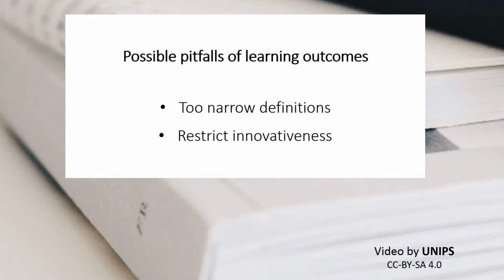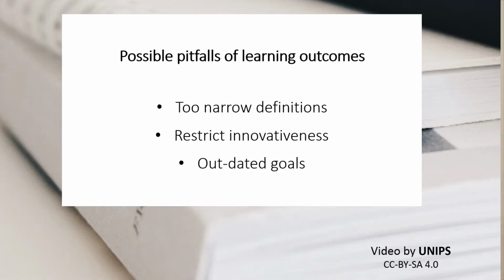Defining goals in advance can inhibit the creation of new ideas. A possible problem is also the outdated goals. Defining today the goals for a master's program, for example, means that when the students get ready, meaning when they reach the goals, those have been set many years ago.